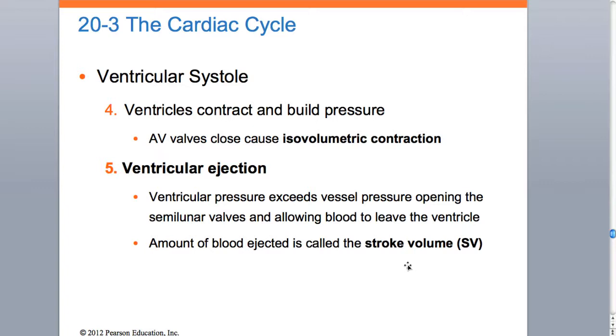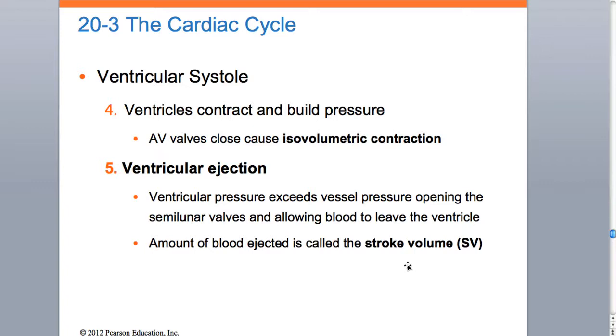Now, wait a second. Are you saying that out of 130 mils of your end diastolic volume, we're only ejecting 60% of it? That's right. The other 40% is now called end systolic volume, about 50 mils.